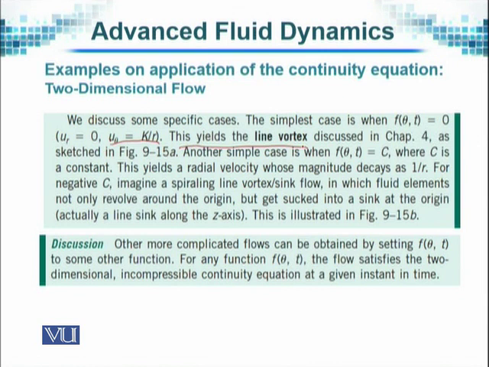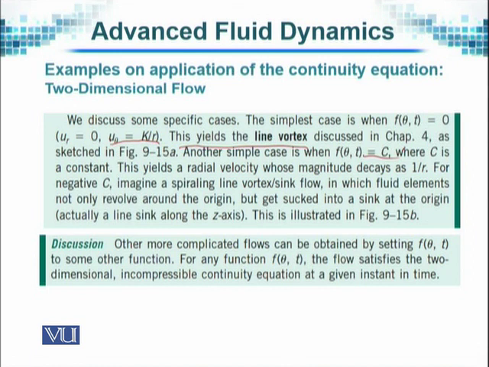Another possibility is that this is not 0, but some absolute constant like 1, 2, 3, minus 5 or something like that, and then a different flow field will occur, and different streamlines will be reflected when we draw the graph.